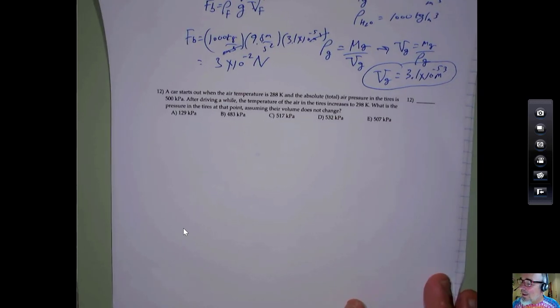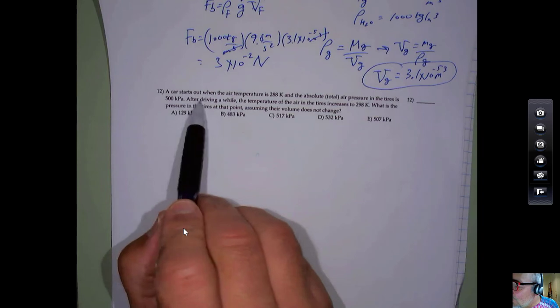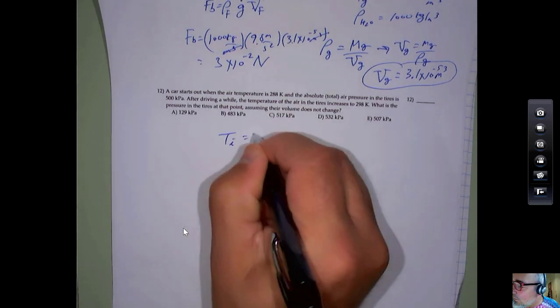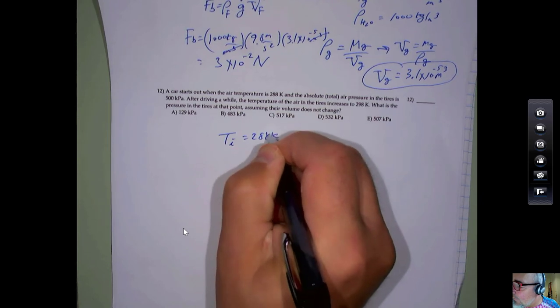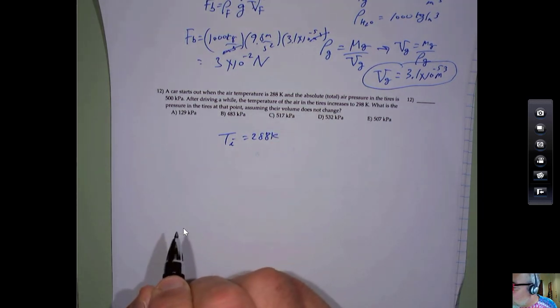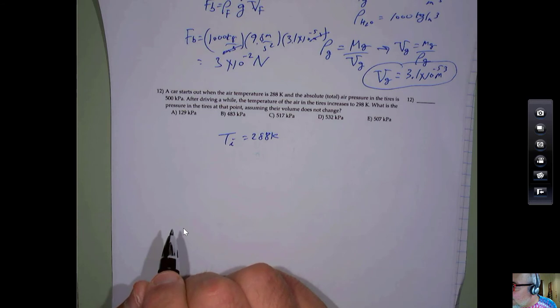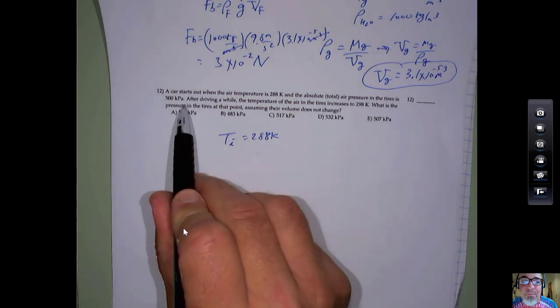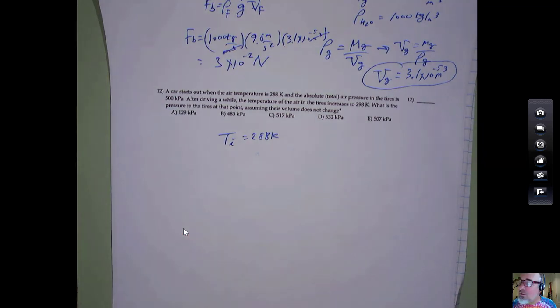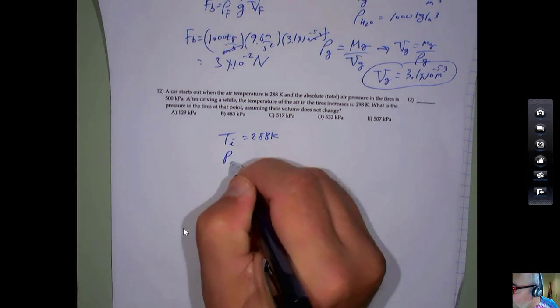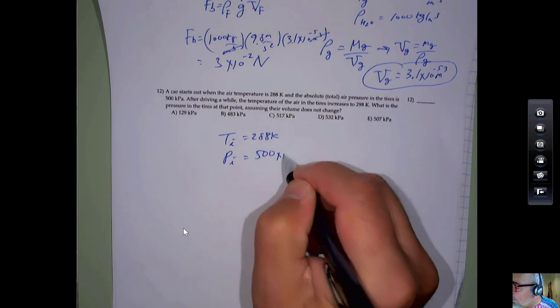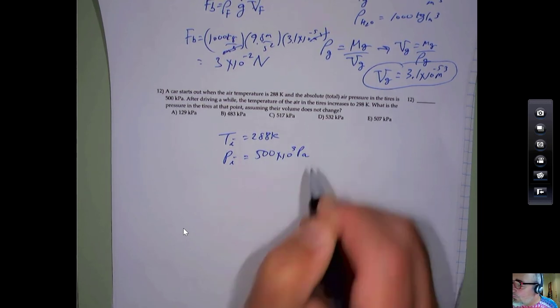Okay, now final problem. A car starts out when the air temperature is 288 Kelvin. Okay, initial temperature 288 Kelvin, and the total pressure, the absolute total pressure, that's atmospheric, everything taken into account, starts out at 500 kilopascals, so 500 times 10 to the third pascals.